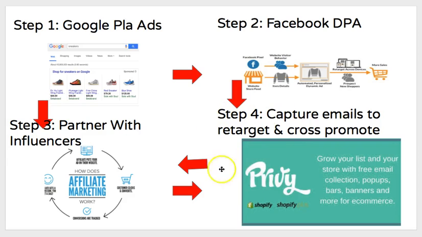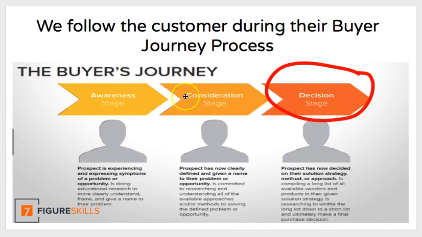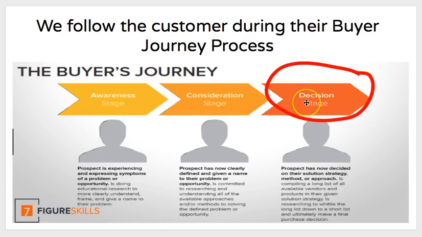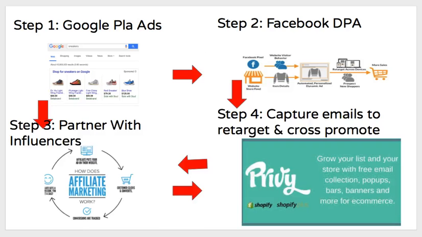Because if they're still not ready to buy, it can mean that your site sucks, and we don't want that to happen. So hopefully you followed my course enough to create a highly converting site. And that's why Shoptimize is so amazing, by the way, guys. But if they're not ready, then they're still in the consideration stage, and that's okay. So Privy's going to let you start sending them emails, educating them, letting them get comfortable with you, so when they do switch to the decision-making stage, they're buying from you.